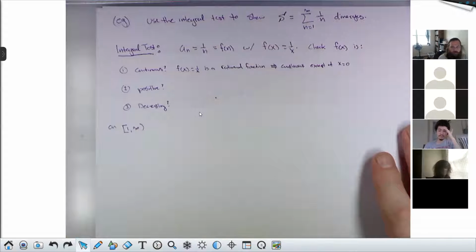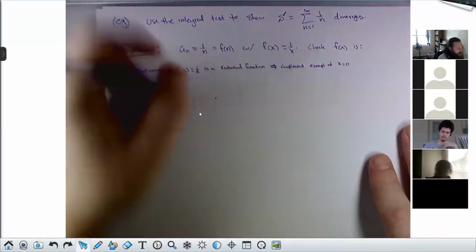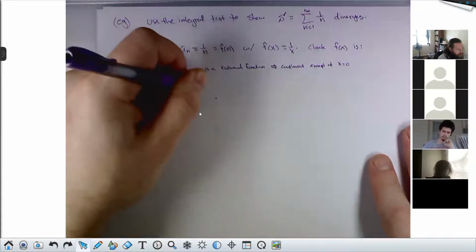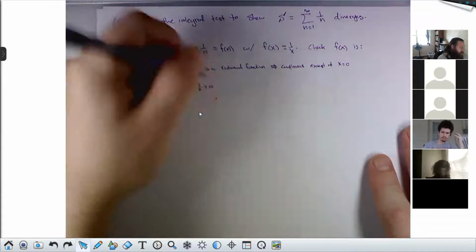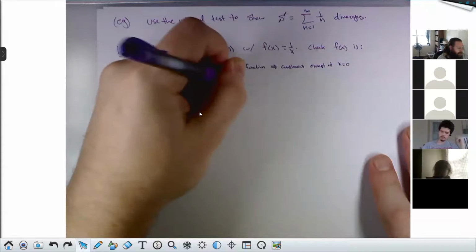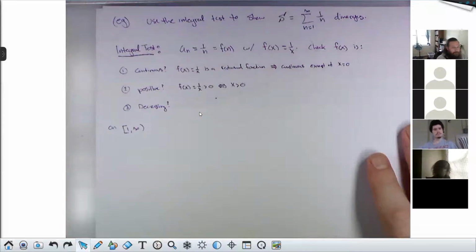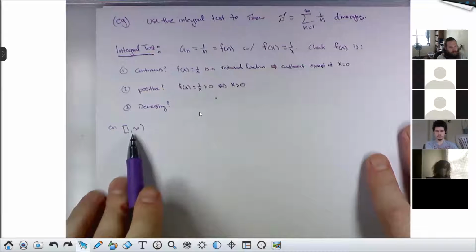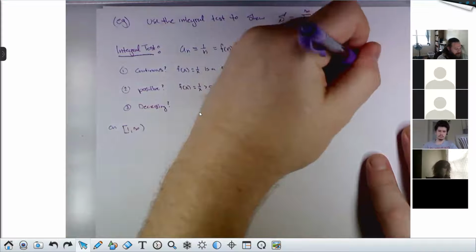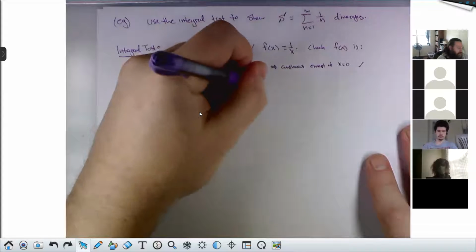So remember, rational functions are continuous everywhere except where their bottom is 0. Is this function positive? Well, yeah, f of x equals 1 over x is greater than 0 if and only if x itself is greater than 0. So as long as x is coming from the interval 1 to infinity, then f of x is positive. So yep, we're continuous. Yep, we're positive.